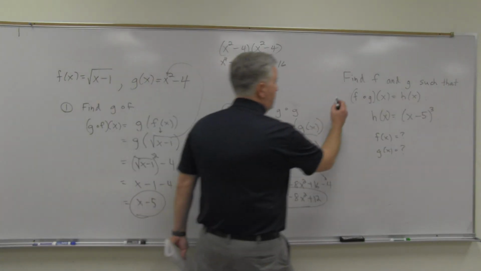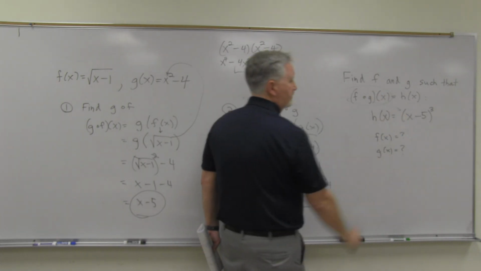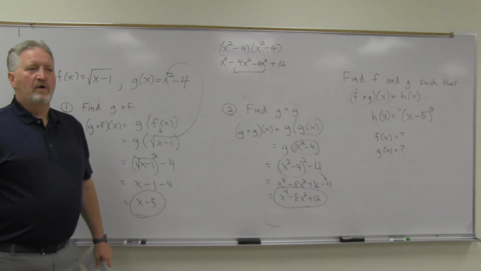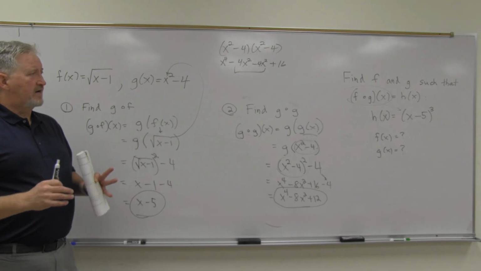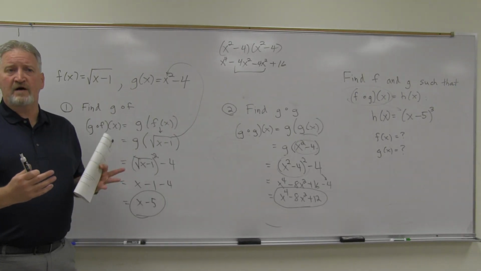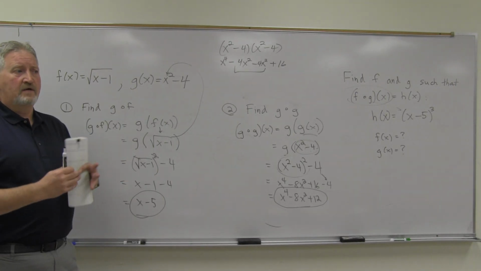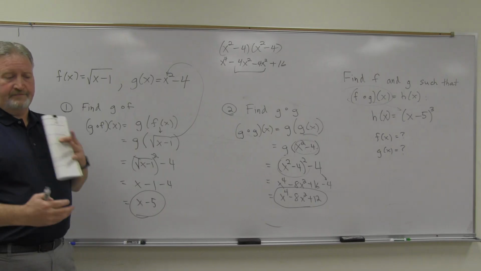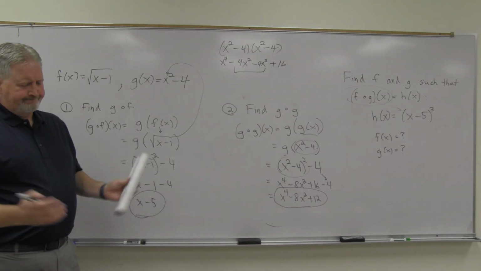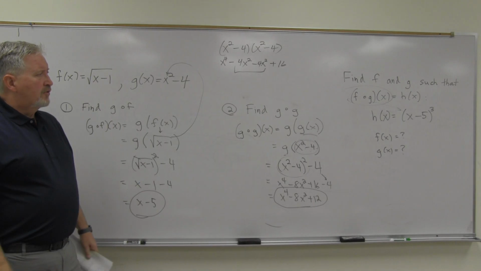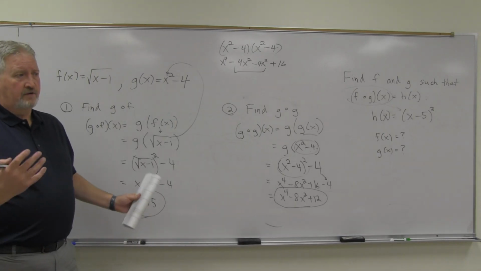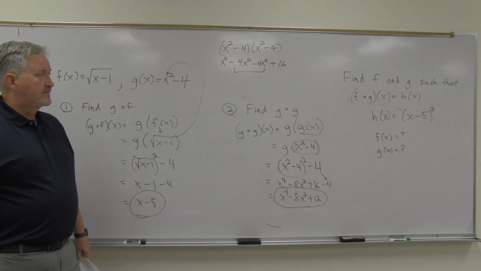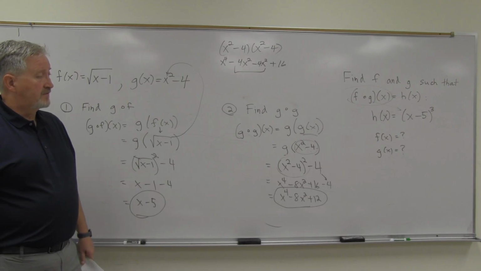I want the composition of these two to be that. Well, what that gets you to think about is, there's two things going on there, isn't there? And that's kind of what composition is about. You're kind of pointing out that sometimes you've got multiple things going on within one function.